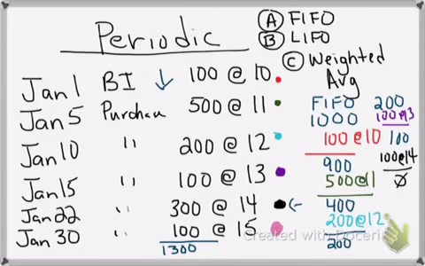So what we find here is that we had 100 at 10, 500 at 11, and I'm going to move over to another sheet so you can see how this is going to work. 200 at 12, we had 100 at 13, then we had 100 at 14, and those symbolize the ones that we actually did sell.